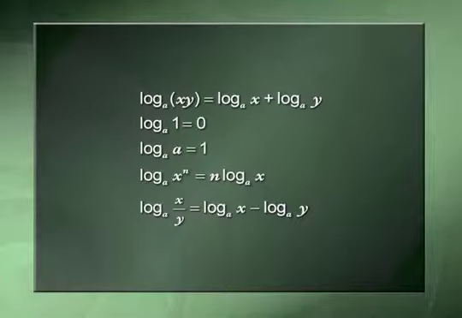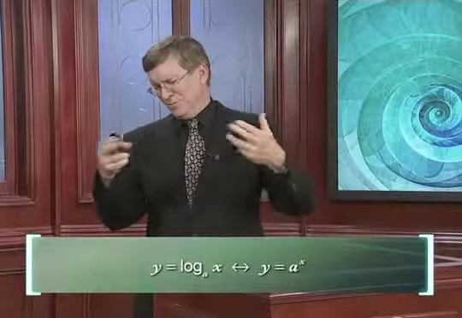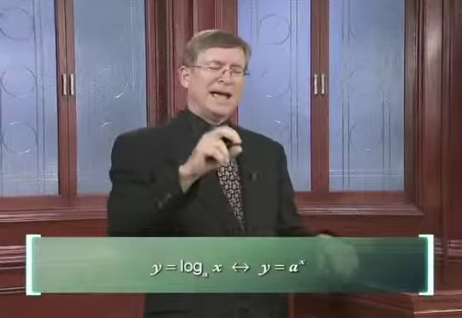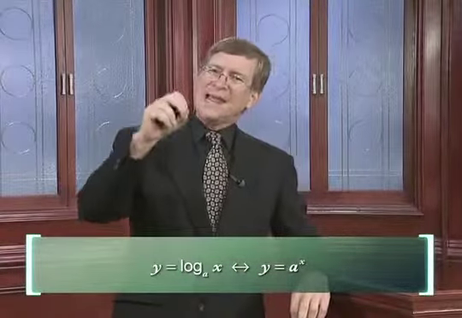Good. It turns out, as you would expect, that the logarithm to base A and the exponential function a to the x are inverses of each other. They are reflections across the line y equals x, just like e to the x and the natural logarithm functions are inverses of each other. You can verify that as follows: logarithm base A of a to the x.